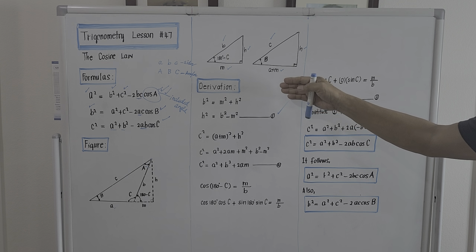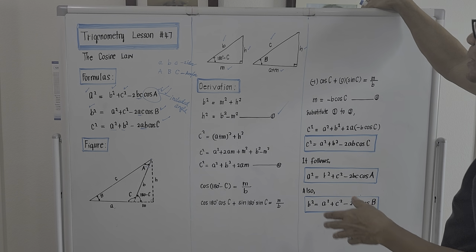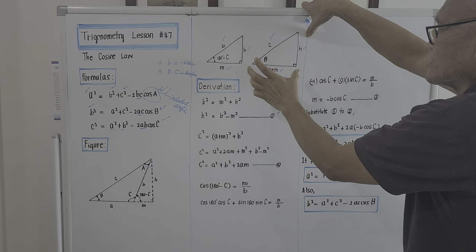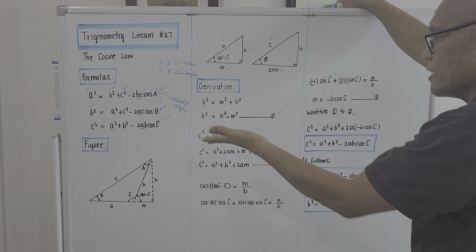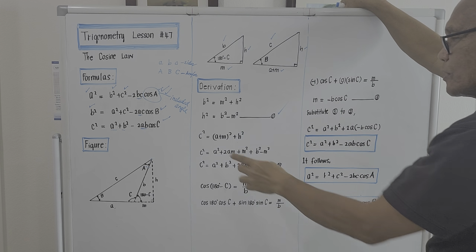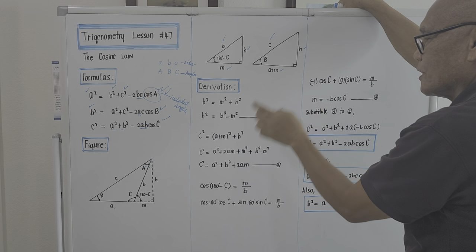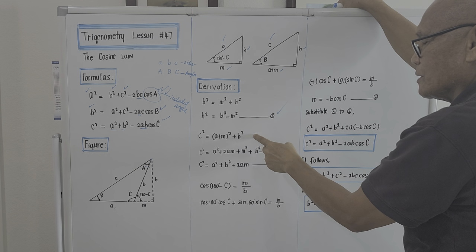Using the second bigger right triangle, again by using the Pythagoras principle, the hypotenuse will be side C, the two other sides will be A plus M, and this is H. So the square of the hypotenuse, which is C, should be equal to the square of the quantity A plus M, plus H square.